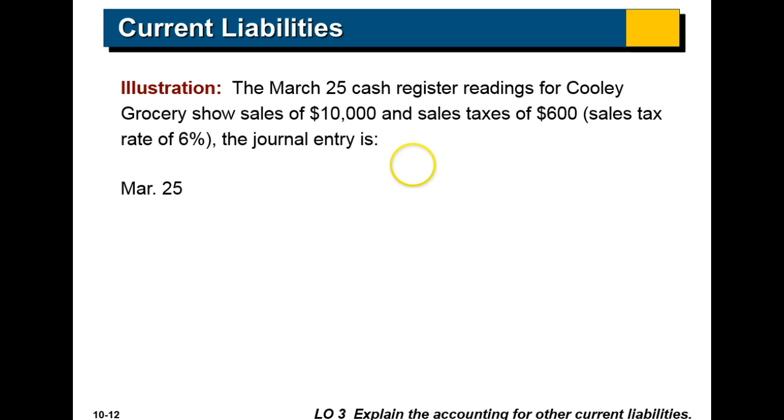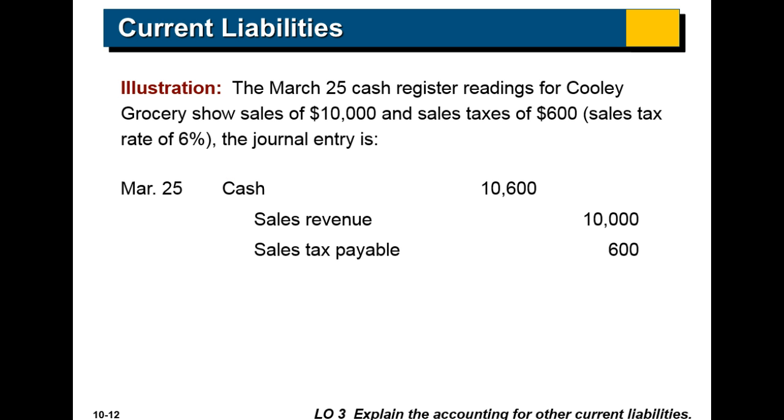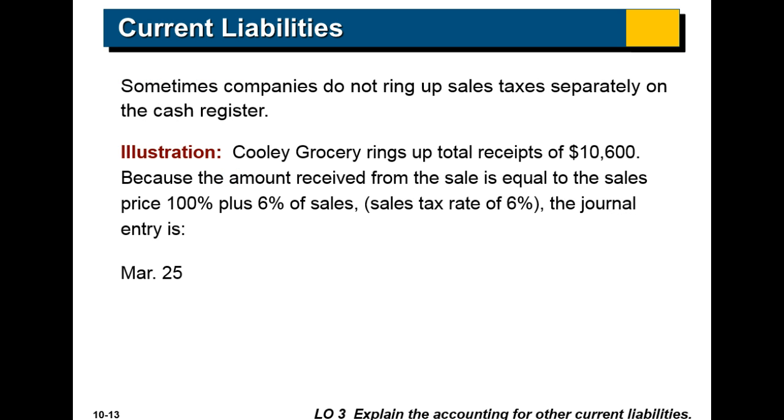The March 25th register readings for Cooley Grocery Store show sales of $10,000 and sales tax of $600. The journal entry is cash $10,600, sales revenue of $10,000, and sales tax payable of $600. It's just a conduit to transfer those monies over to the state.